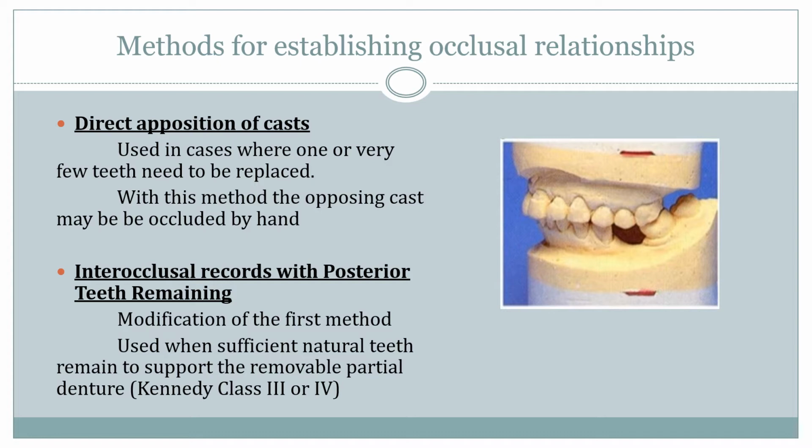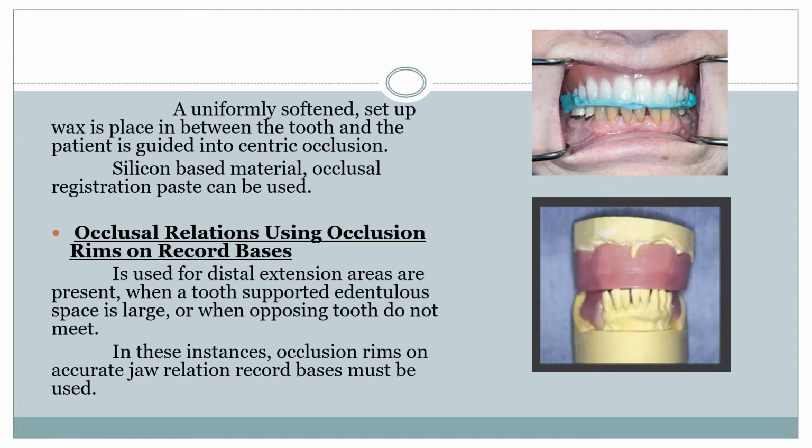Then interocclusal records with the posterior teeth remaining. So if there are posterior teeth remaining, you will just modify the cast. When there are sufficient natural teeth, like in Kennedy's class 3 and class 4, you don't have to actually take the jaw relation, but you can use an interocclusal material like wax, Aluwax, or bite registration material, that is your silicones.